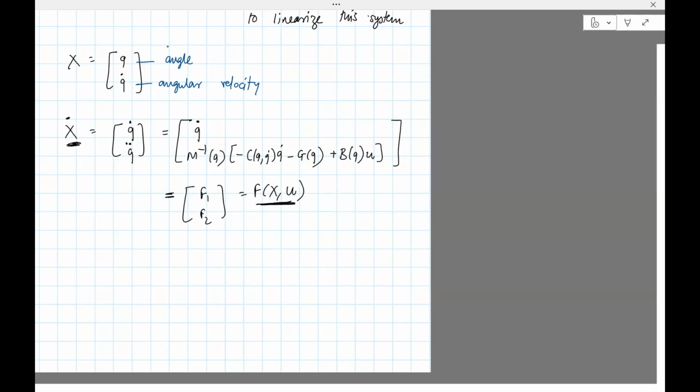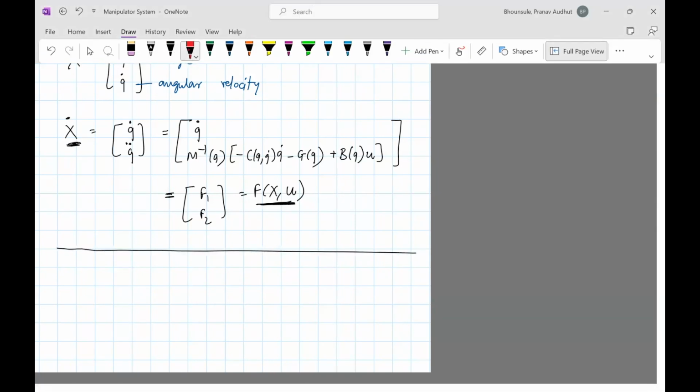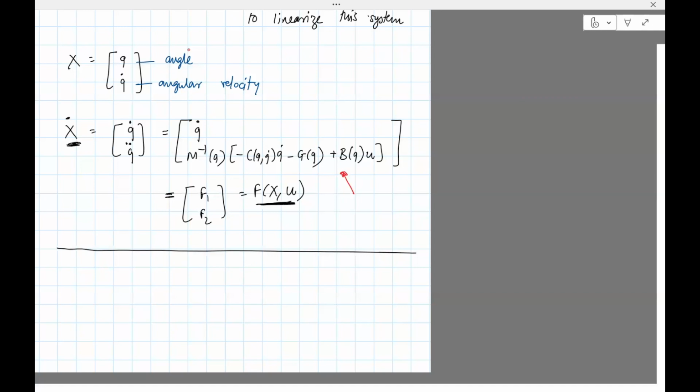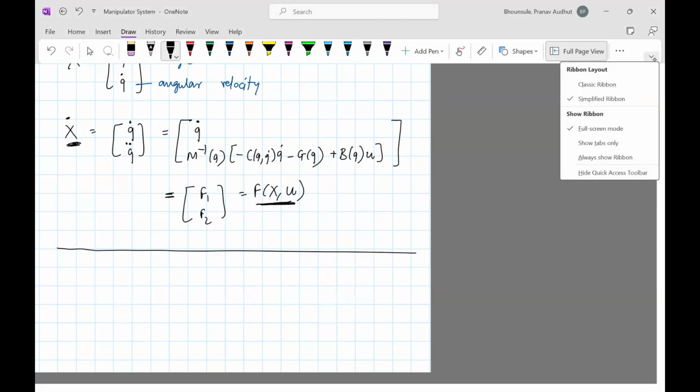Okay, so let's do the linearization. It's going to be a little bit complex because of this term. This is a complex term because there's an m inverse, but let's see how to do it. Let's do it on a new page.